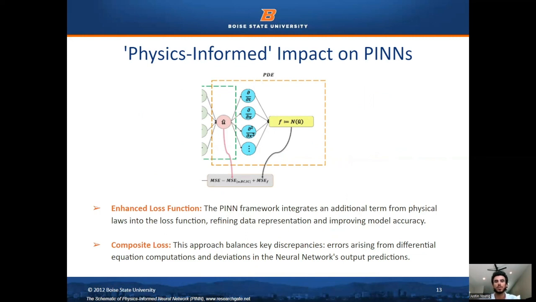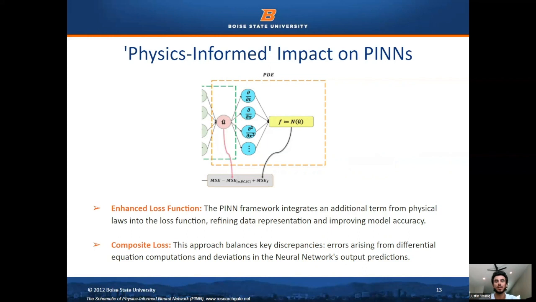The enhanced loss function of the PINN framework integrates the additional term derived from the physical laws into the loss function. This enhances the model's accuracy by providing a more refined data representation that respects the governing laws of physics. There's also a composite loss.